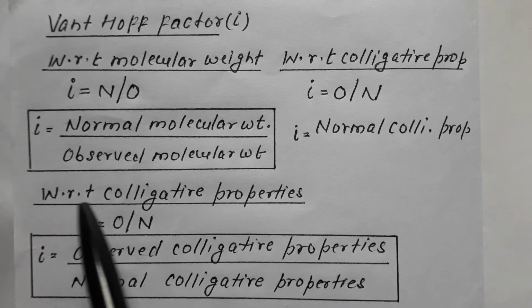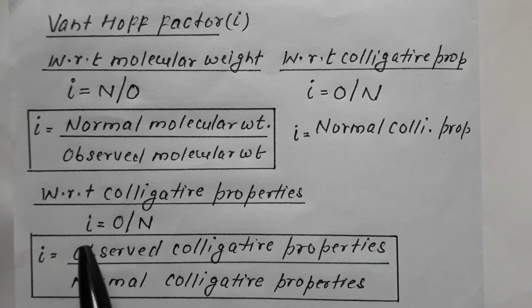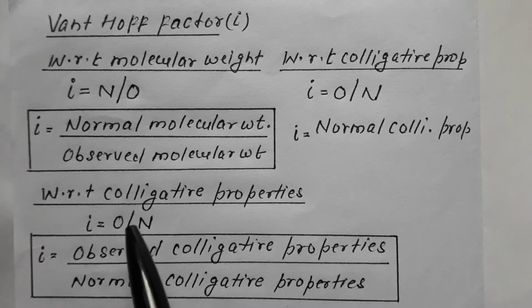Now with respect to colligative properties, i is equal to O by N. O stands for observed, N stands for normal. So i is equal to the observed colligative property upon the normal colligative property.